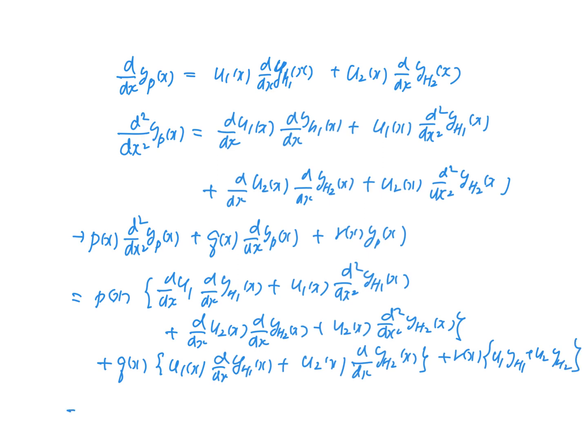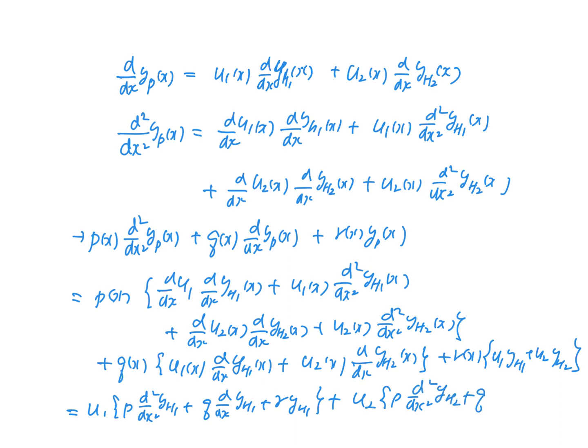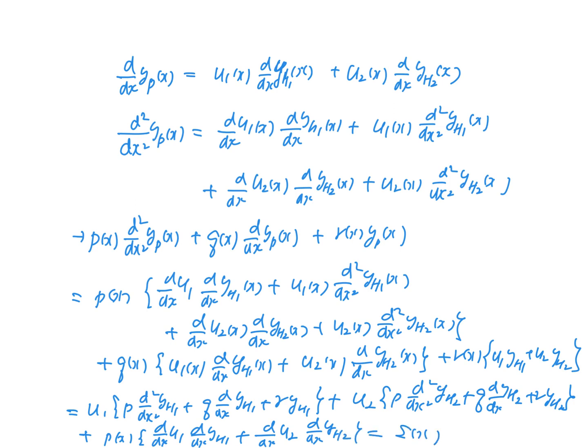So we can combine them together. u1 times P d squared y_h1/dx squared plus Q dy_h1/dx plus R y_h1, plus u2 times P d squared y_h2/dx squared plus Q dy_h2/dx plus R y_h2, plus P(x) times du1/dx dy_h1/dx plus du2/dx dy_h2/dx equals S(x), right?